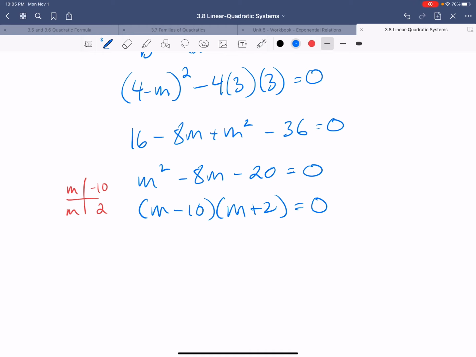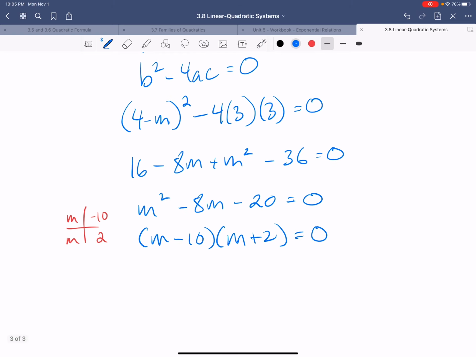So when I combined the slope in with the quadratic, I put it into the discriminant to figure out when we'd have one solution, when it's equal to 0. So when is the equation equal to 0? When m is equal to 10, or when m is equal to negative 2.